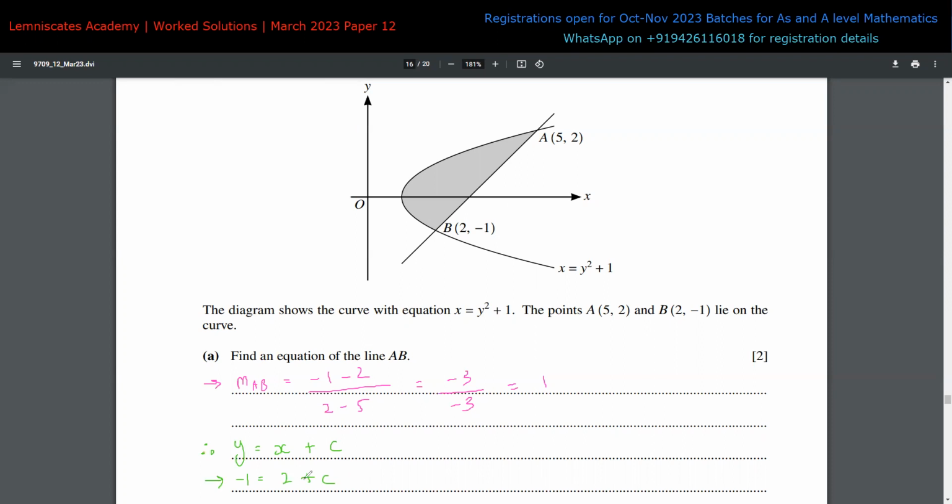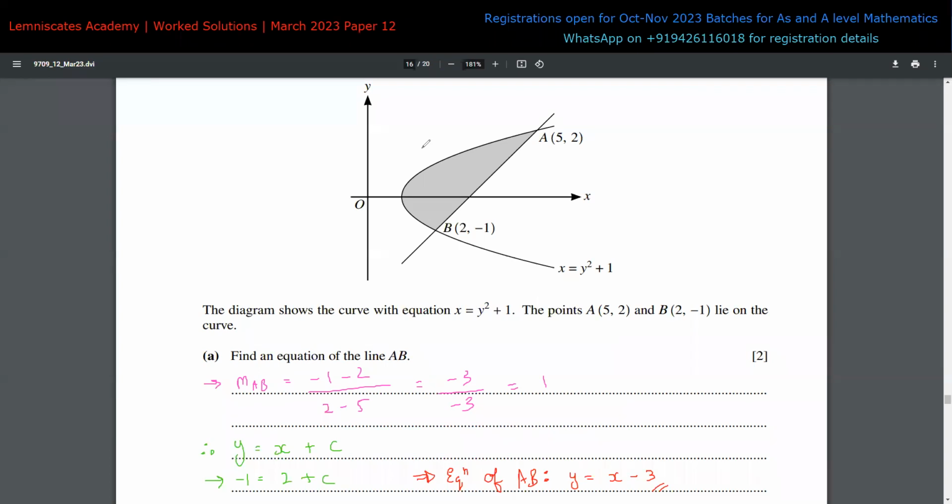So c becomes -3. Therefore, the equation of the line AB is y equals x minus 3. So that's the answer to the first part of question 11.